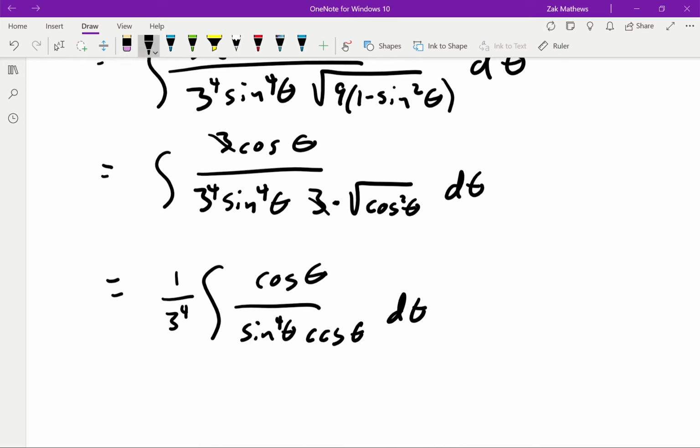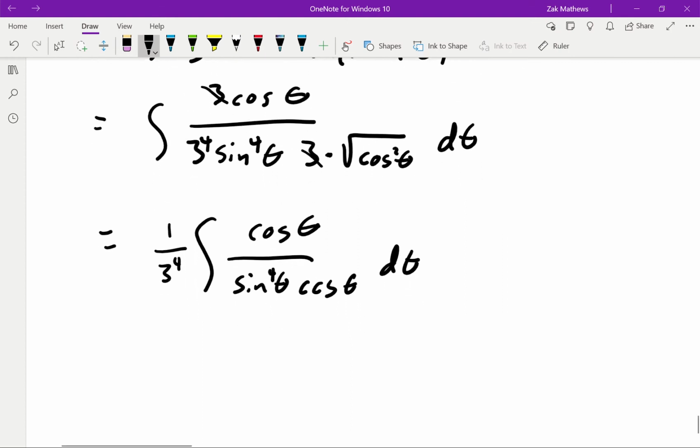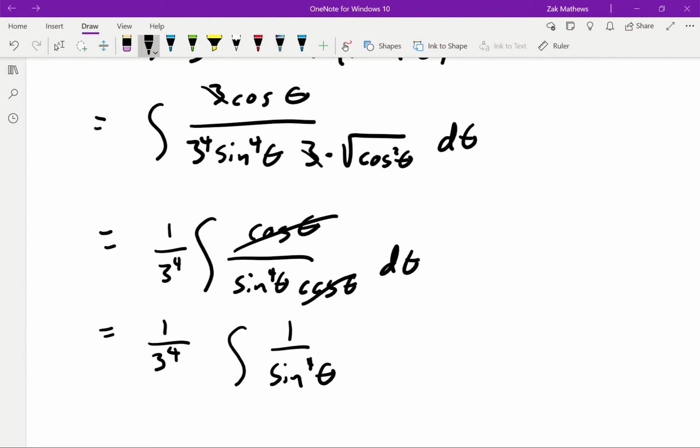Now, typically we'd have an absolute value around this, but remember we applied some initial restrictions, and so we could restrict it in any way that we wanted to, and we could keep it in the first quadrant if we wanted to. And so I'm going to leave off those absolute values, and now I'm going to cross off those cosine thetas. So we'll have 1 over 3 to the fourth, the integral of 1 over sine to the fourth d theta.